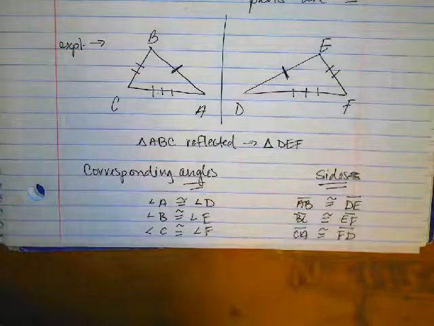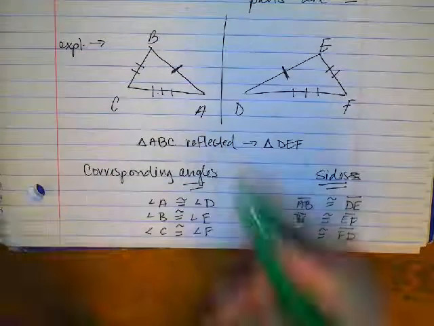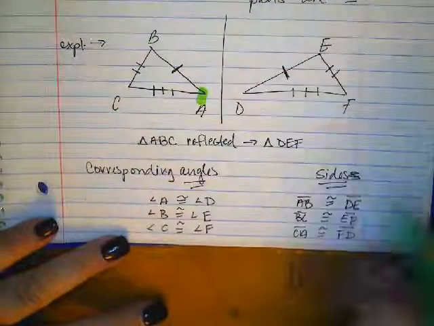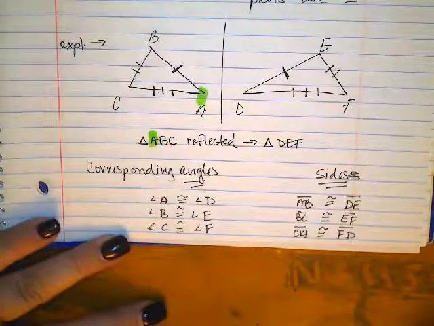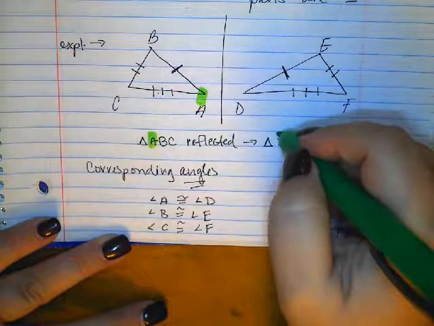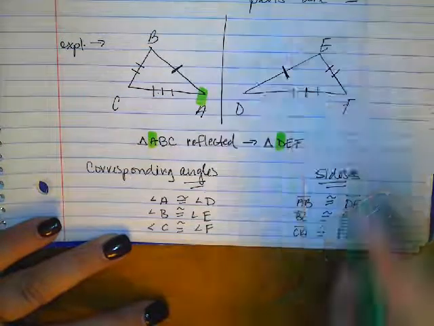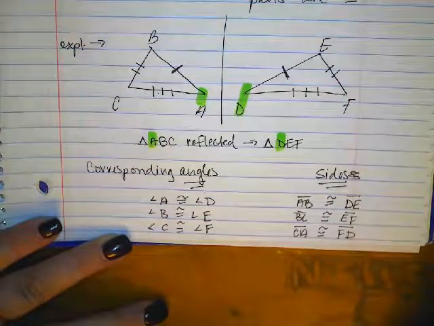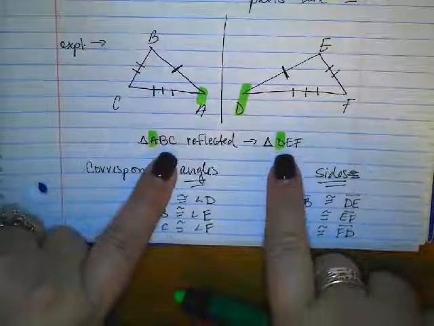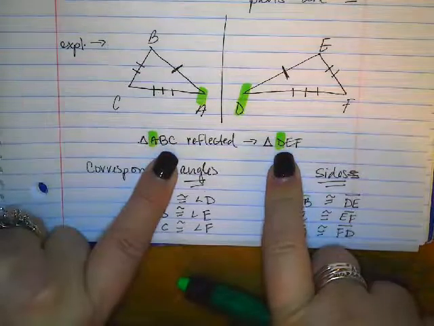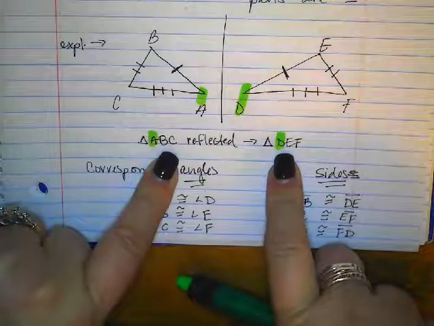One way that I can see that here is, for instance, angle A is in the first place, and in the first place of the other triangle is angle D. Those pieces correspond. How it's written, triangle ABC or triangle DEF, is actually really important.